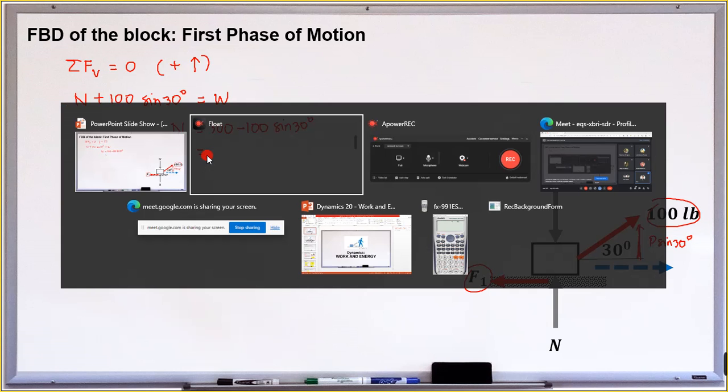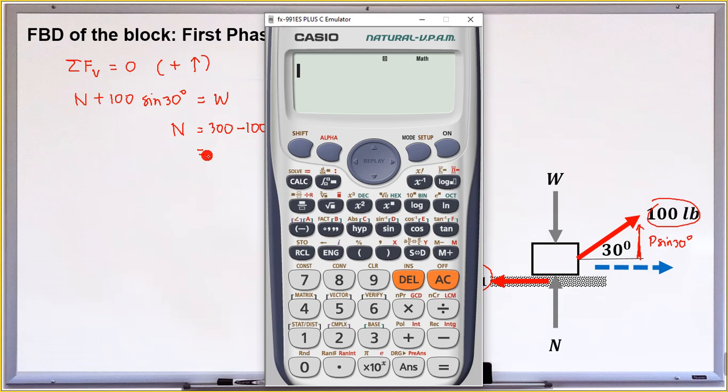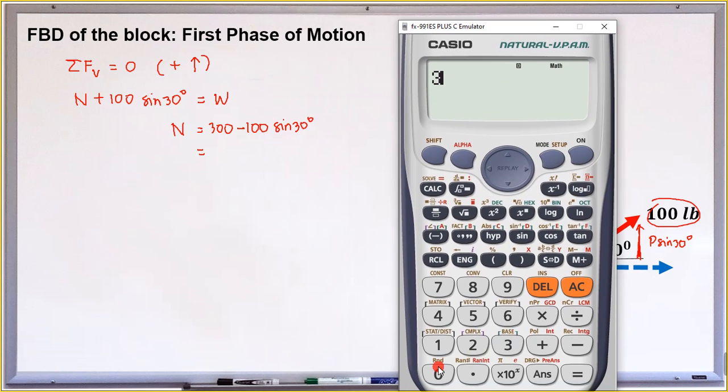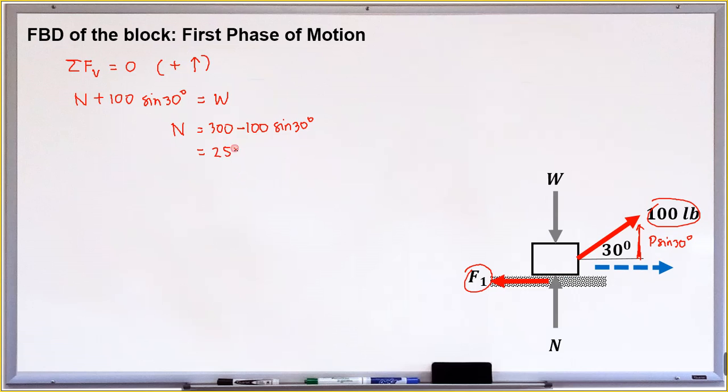So let us calculate the normal force: 300 minus 100 sine 30. The result is 250, so 250 pounds.